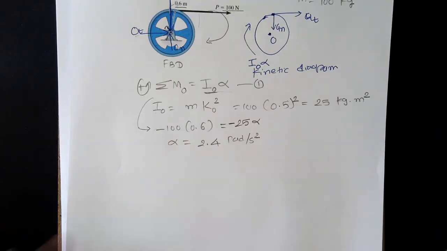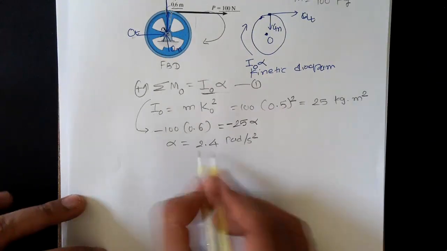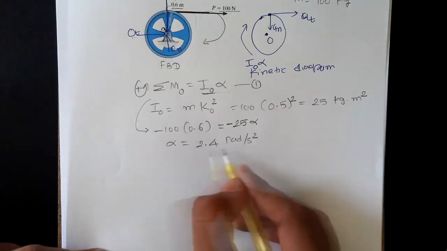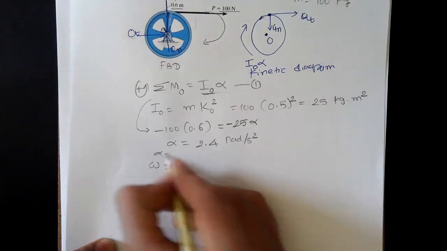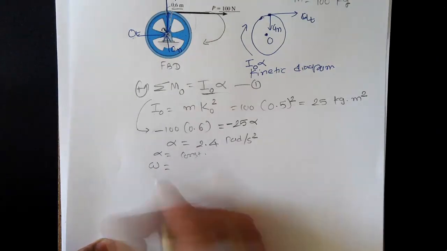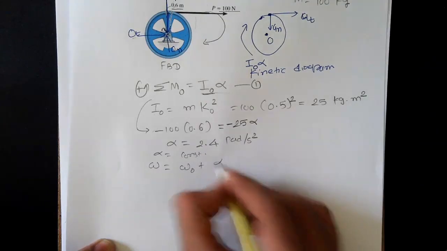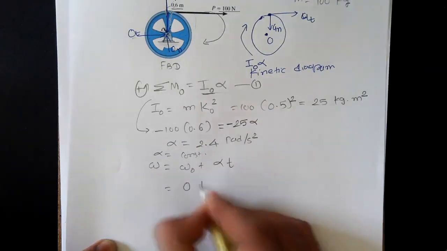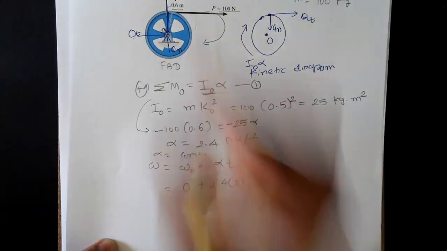For our final answer, we need to calculate angular velocity omega. Now if you look, the acceleration is not a function of time, it is constant. And when acceleration is constant, because alpha is constant, we can apply this equation omega equal to omega 0 plus alpha times t. So initial angular velocity is 0, angular acceleration is 2.4, and time is 3 seconds.